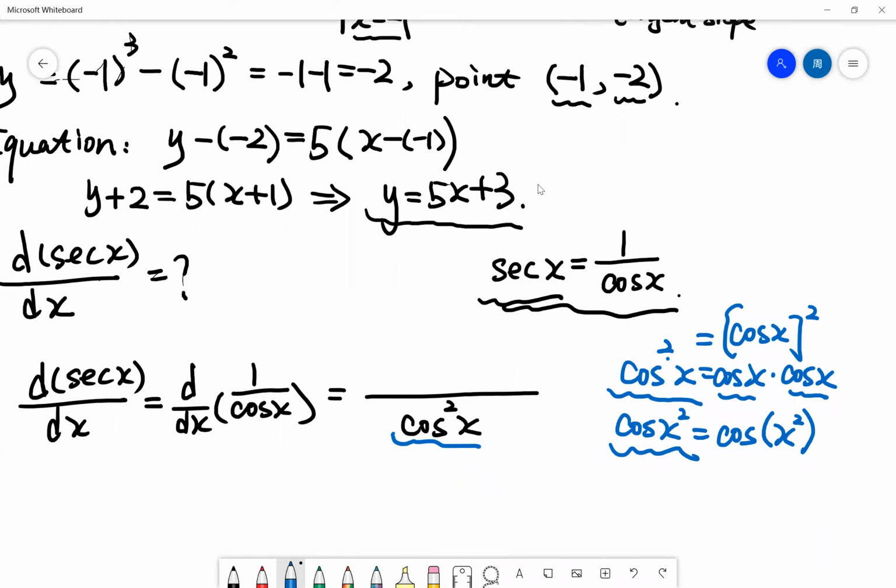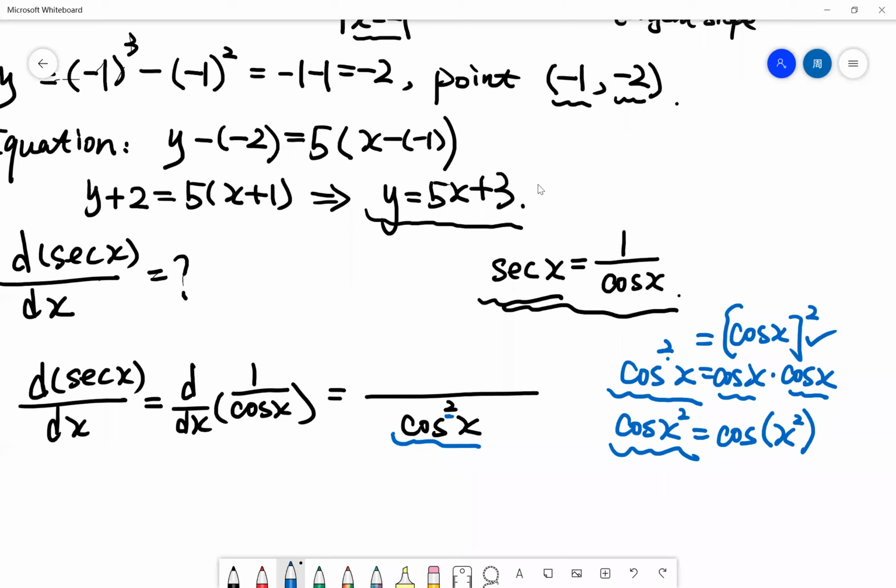So they are totally different functions. So don't make mistakes here. These two forms are correct, okay?